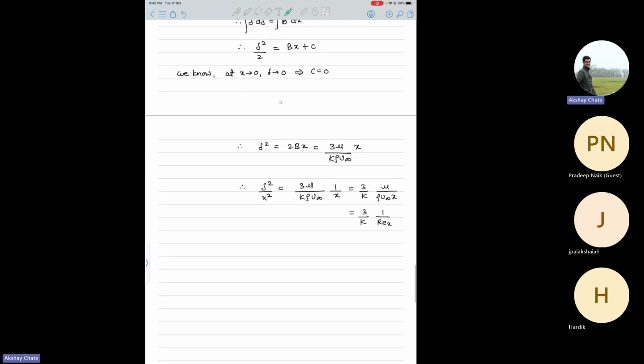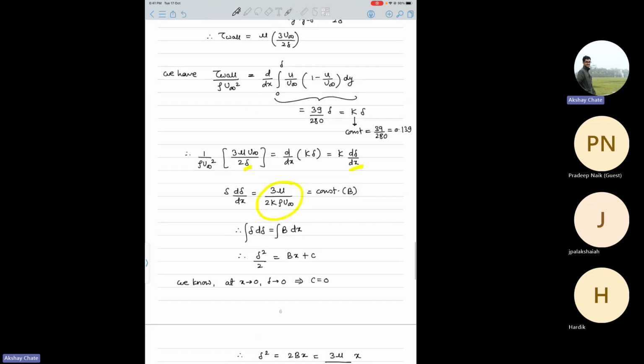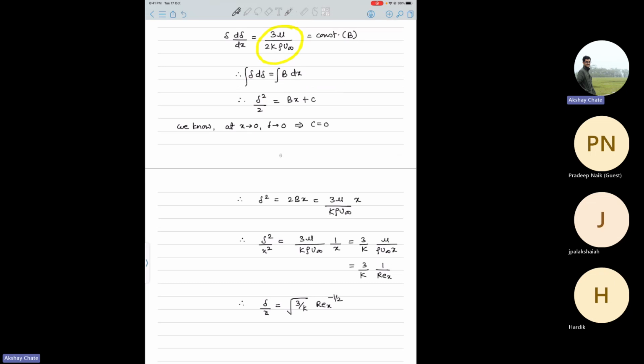So now you get a simplified equation, which is nothing but delta by x equal to the square root of 3 by k into this. And we know the value of k, right? K was 0.139. So if you divide 3 by 0.139, you get 21.58.